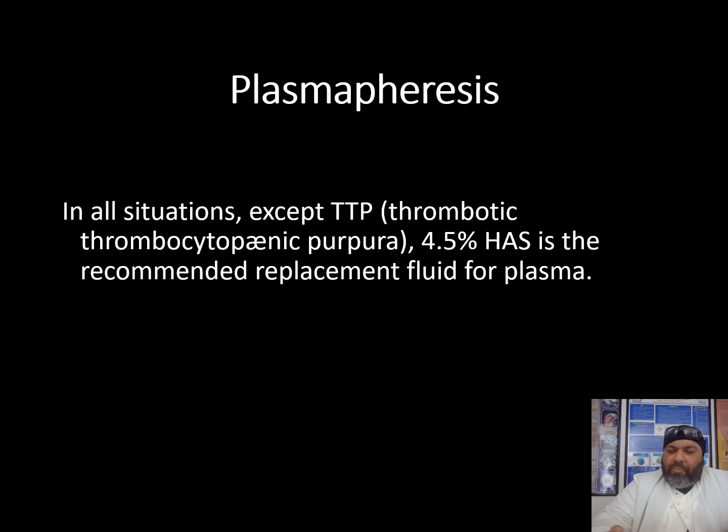So there's something else I'm going to talk about just briefly, and that is plasmapheresis.